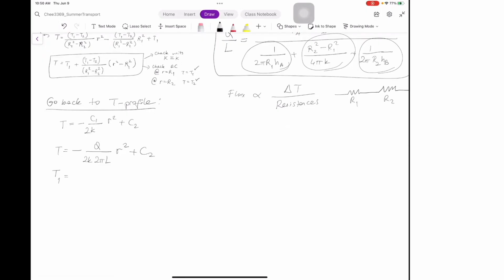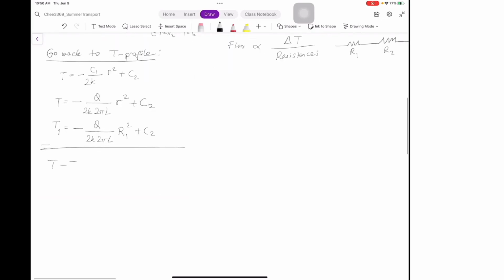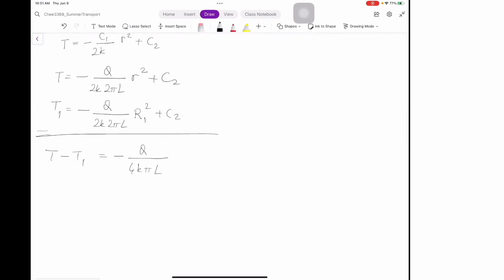T1 is equal to minus Q over 2K 2 pi L, capital R1 squared plus C2. We can subtract to get T minus T1 is equal to minus Q over 4K pi L, right?